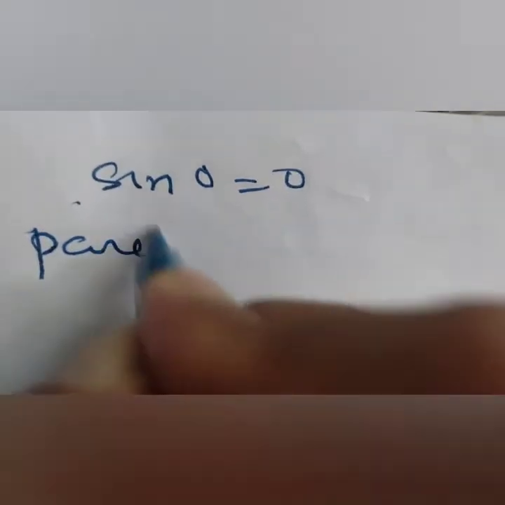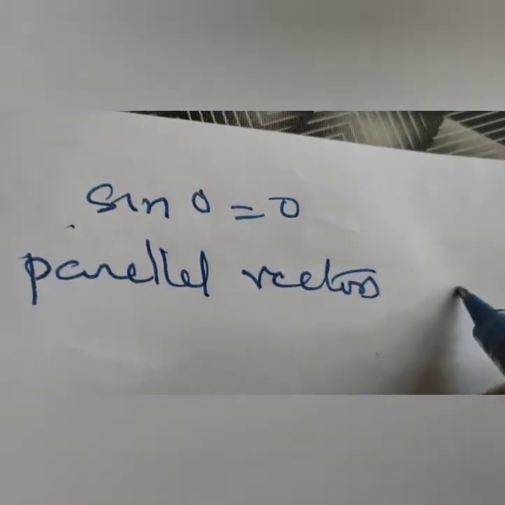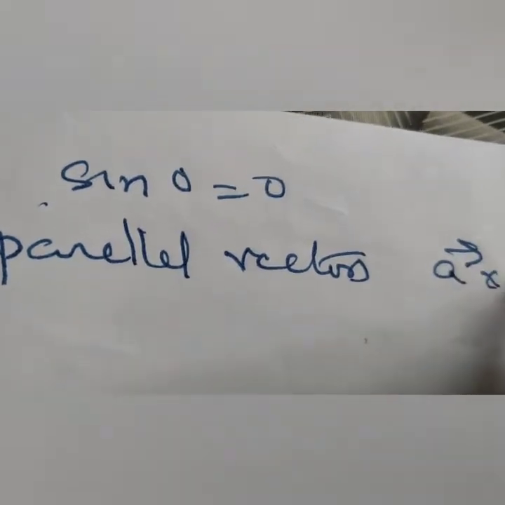As we know sin 0 is equal to 0, 0 comes for parallel vectors. So for parallel vectors, A cross B is equal to 0.